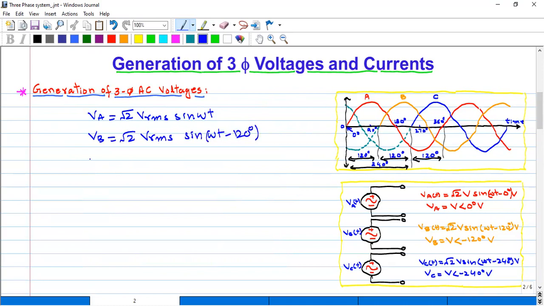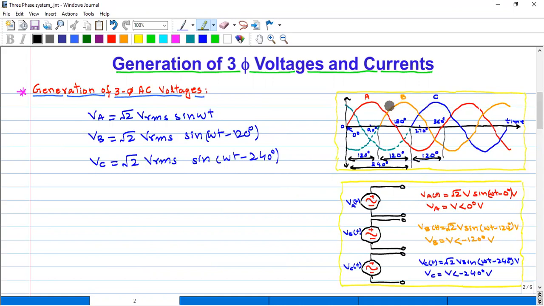And the equation of the third phase voltage VC is under root 2 times Vrms sine omega t minus 240 degree. So these three voltages will be present simultaneously. The waveforms of these three voltages are shown here. This is the waveform of the phase A voltage, this is the waveform of phase B voltage, and this is the waveform of phase C voltage.